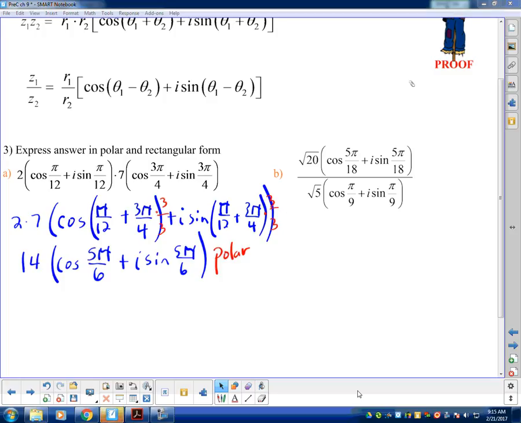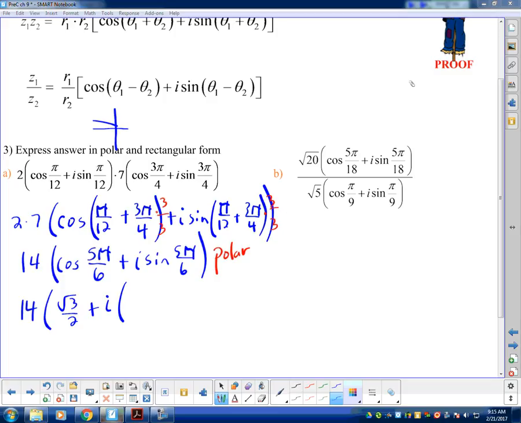Well, just a little bit of substitution here, or evaluation. What's cosine of 5 pi over 6 on the unit circle? Root 3 over 2, that's right. Plus I, what's sine of 5 pi over 6? 1/2, good.